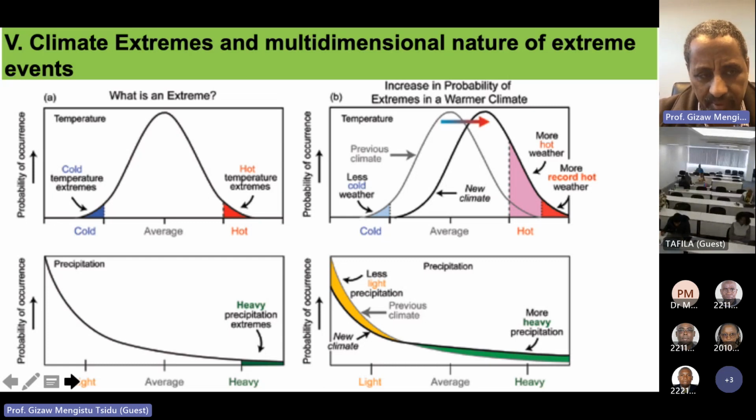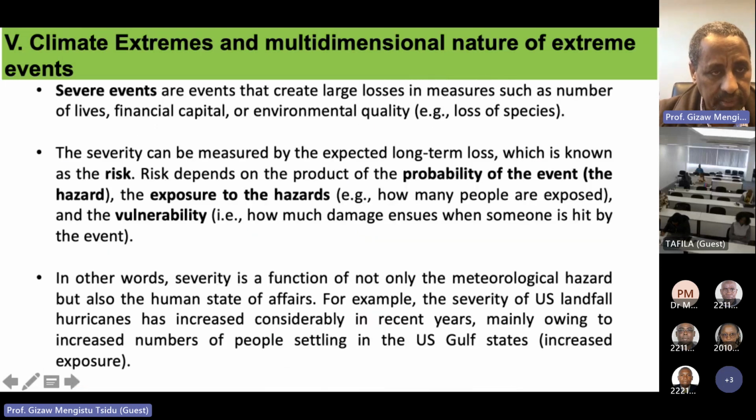Otherwise, you can talk about change in temperature, rainfall, and other variables over the whole time series. So that was the understanding. And now today we'll continue from here, talking about the different extremes and the terminology that is used.